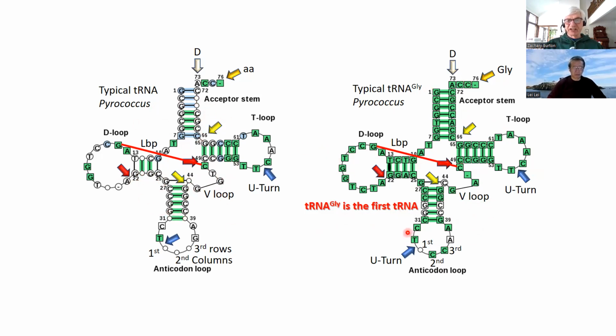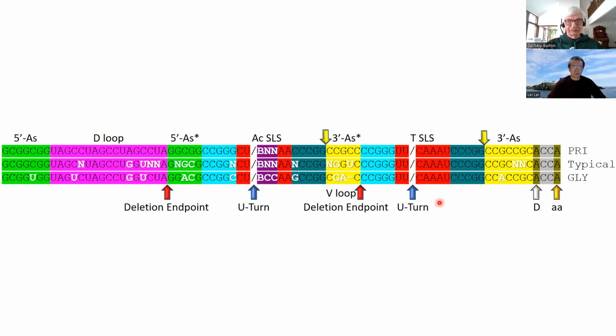What that means is that primordial tRNA was a tRNA glycine, and all the tRNAs of an ancient organism are derived from a primitive tRNA glycine. Just to show you that one more time, this is the primordial tRNA sequence.